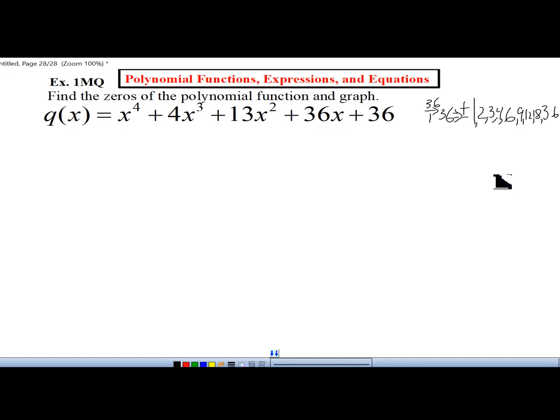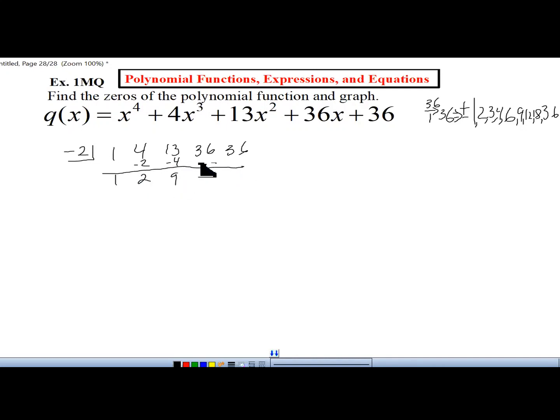And this is one of those that you have to do a lot of the work, but I'm going to be nice. And I'm going to start us off with, let's try -2. My coefficients are 1, 4, 13, 36, 36. Here we go. -2 times 1, that's -2. Combined, that's 2. -2 times 2, that's -4.